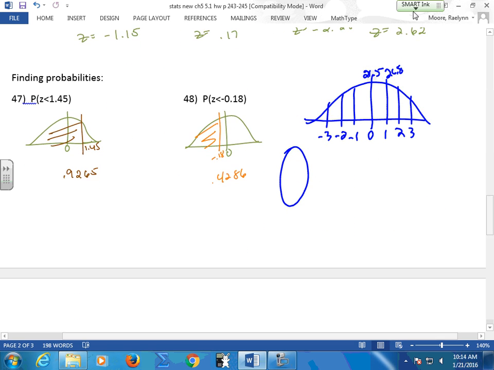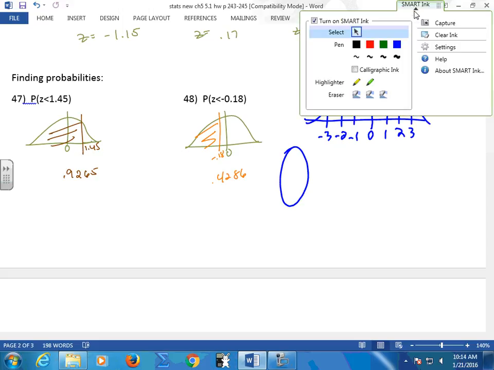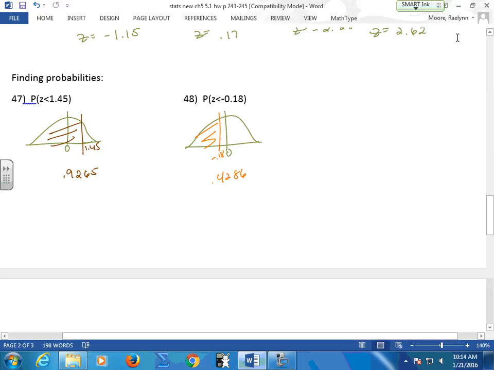Okay? Then we had a couple of, remember we flipped these to probabilities. The probability is the area under your curve. So the probabilities are combining with your z-scores, with your standard normal curves, and we're using the probability as the area.